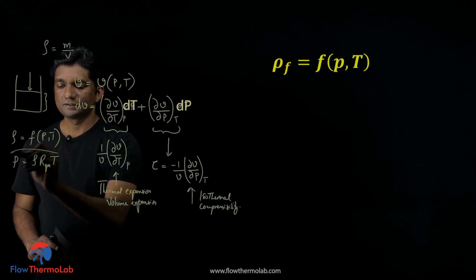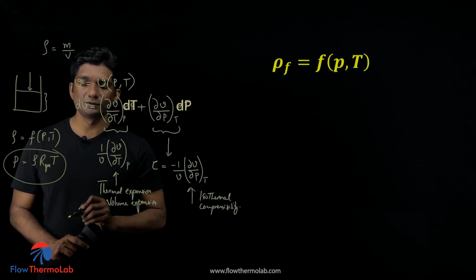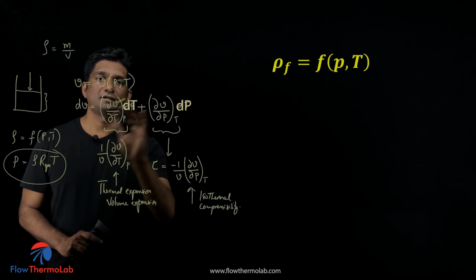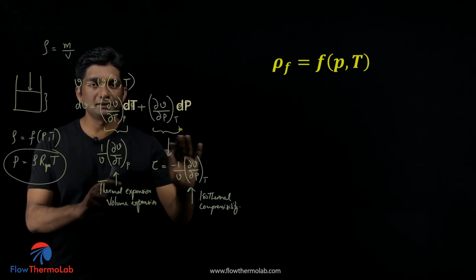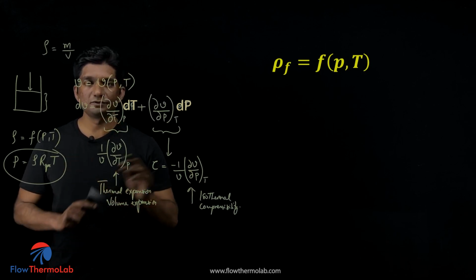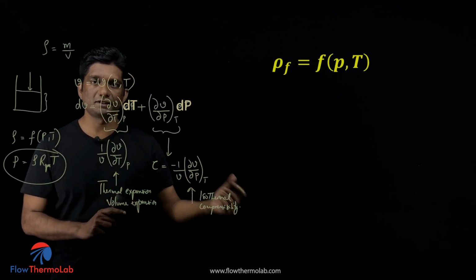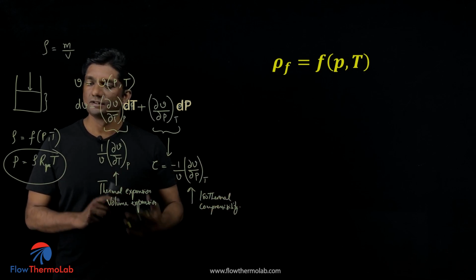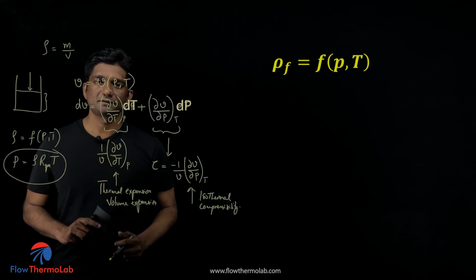With this, you will take care of this compressibility effect and the thermal expansion effect. So this is very useful. If you're using ANSYS Fluent or any tools, you can directly use this.